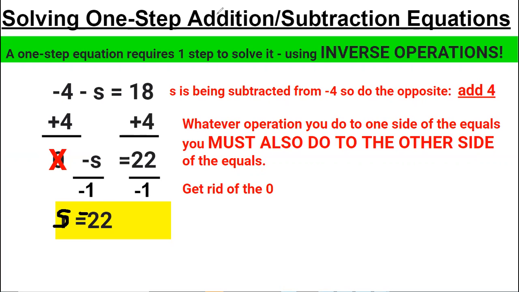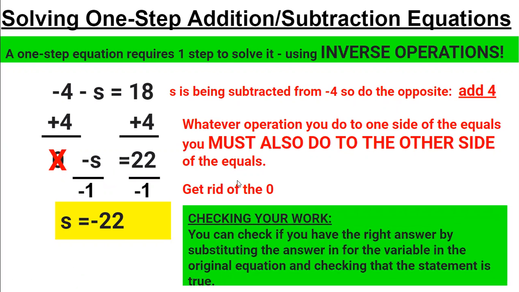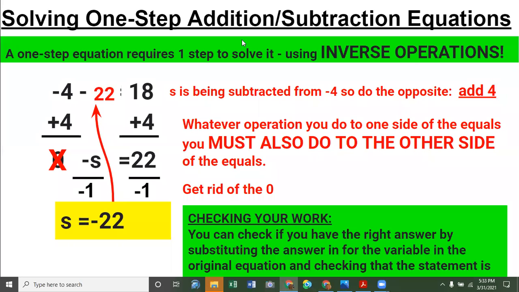So then we could check. Okay, so it's S equals negative 22. We just take the negative sign and move it to the other side, basically. Then we can check our work. If we plug in a negative 22, that's a positive 22, so we have to add a little sign there.